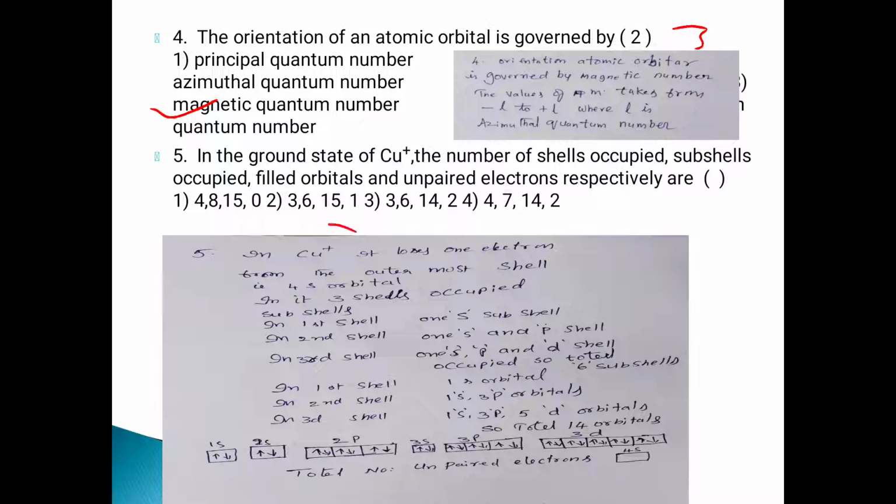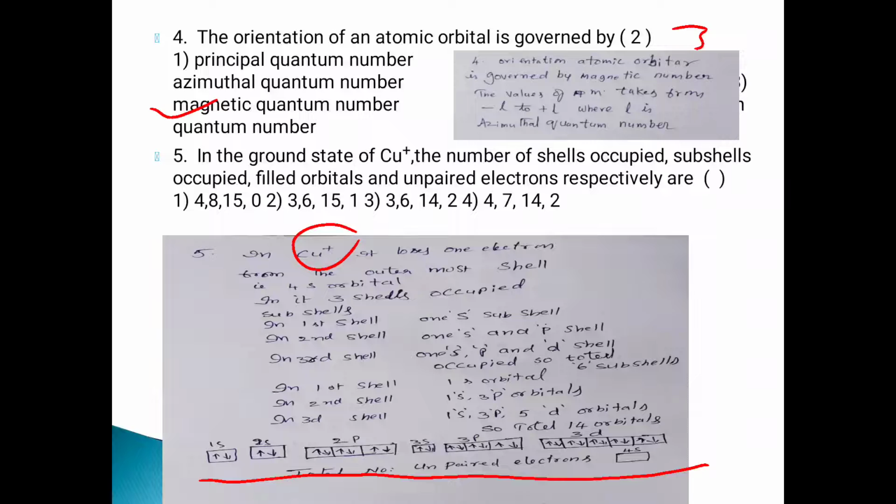So the electronic configuration of copper is 1s2, 2s2, 2p6, 3s2, 3p6, 3d10, 4s1. From the outermost shell one electron is removed, so that we get the Cu+ electron configuration, that is 1s2, 2s2, 2p6, 3s2, 3p6, 3d10.